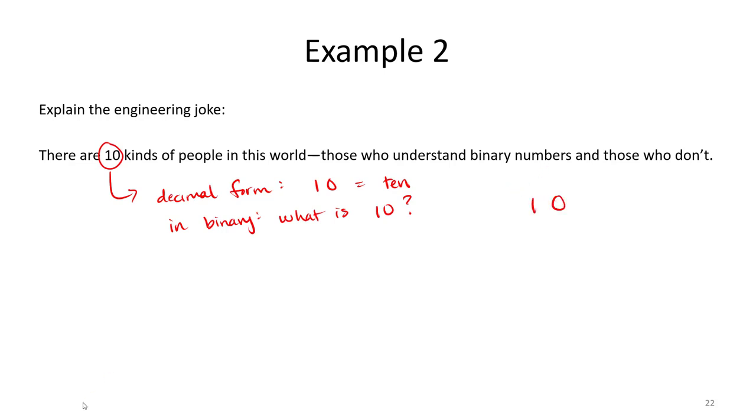Well, in binary, one zero is equal to 1 times 2 to the first plus 0 times 2 to the 0, which is equal to 2 plus 0, or 2.